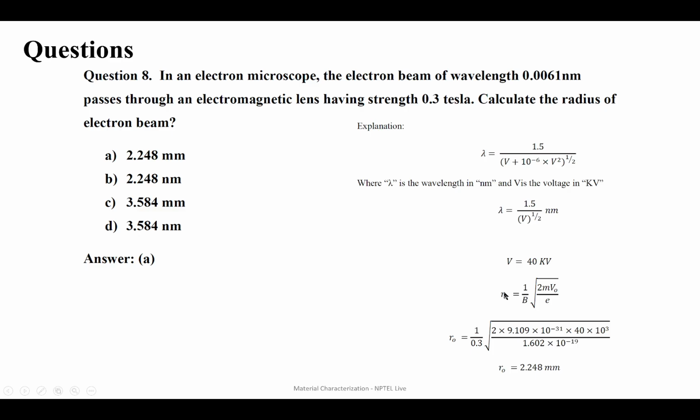When you put that in here, the magnetic field is given as 0.3 Tesla, and the voltage is given as 40,000 electron volts. m is the mass of the electron, 9.1 into 10 power minus 31. e is the electronic charge, which is 1.6 into 10 power minus 19. If we put everything in and solve, we will get R naught equals 2.248 millimeters.